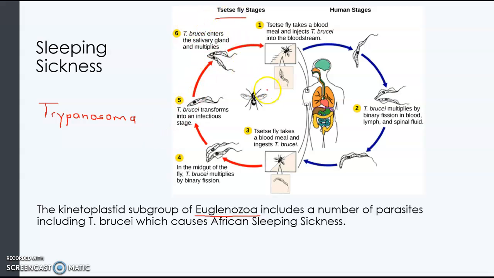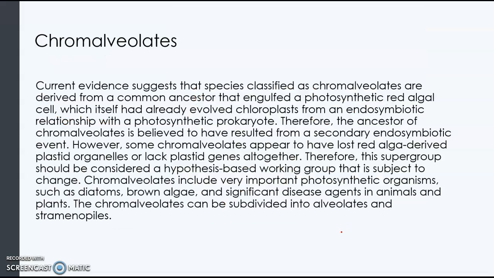So you can see the life cycle of the tsetse fly and how the Trypanosoma brucei is transmitted to humans. So just remember that the Trypanosoma brucei is an example of a euglenozoa, and it causes African sleeping sickness, and it's transmitted by the tsetse fly.